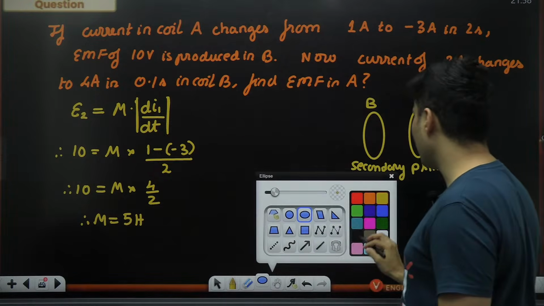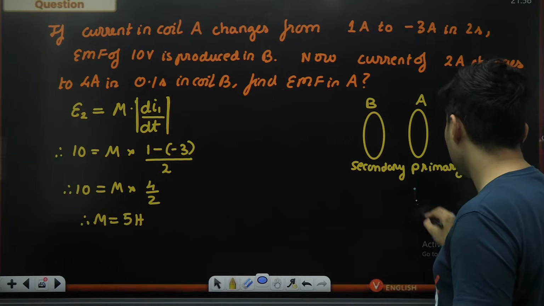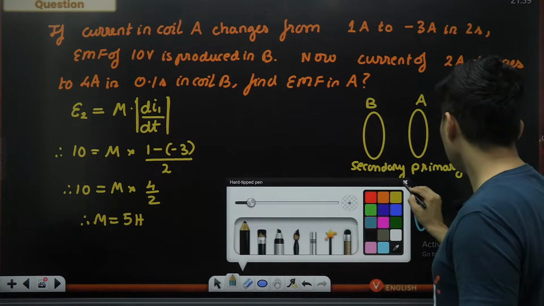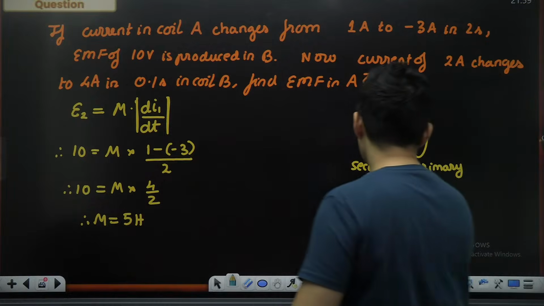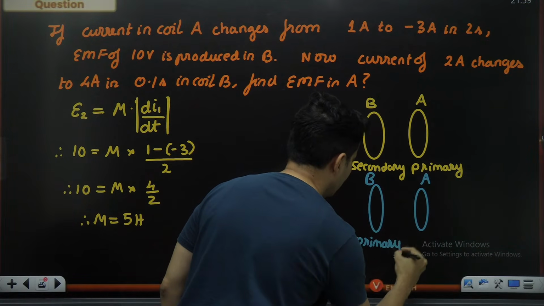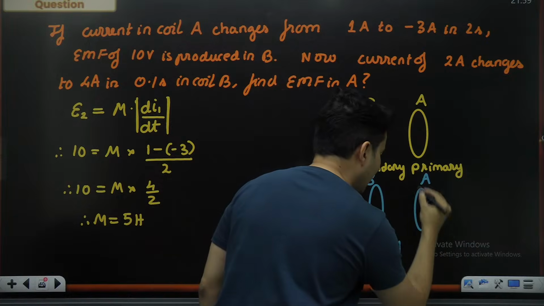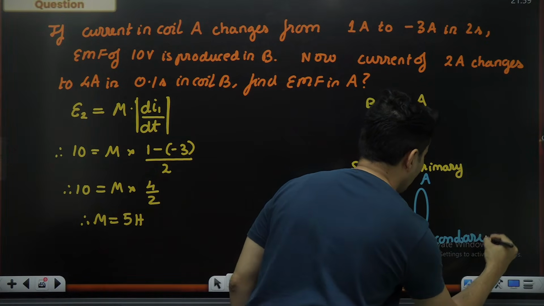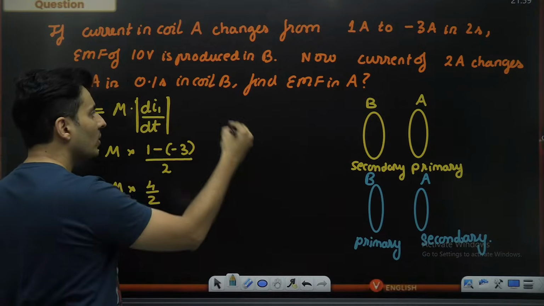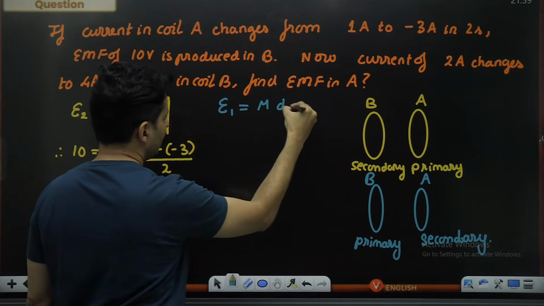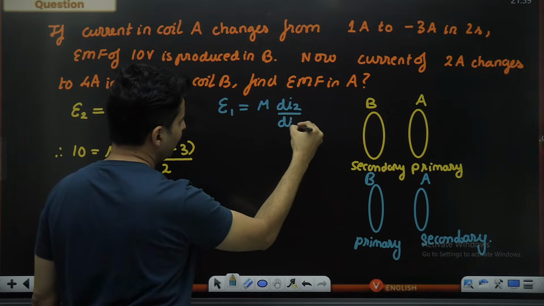Use this for the second part. The second part is where the roles get reversed. Now B becomes your primary. Current changes in B and A becomes your secondary. Voltage is induced in coil A. So now E1 is M times di2 by dt.